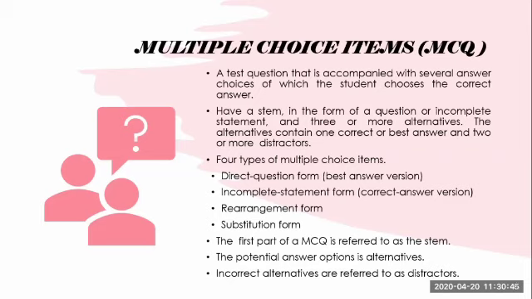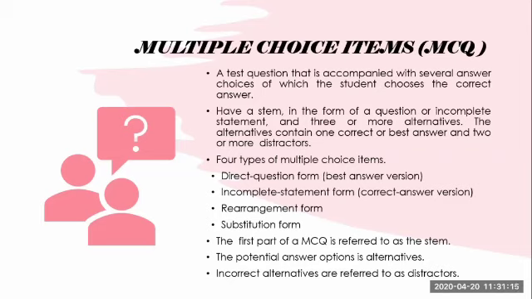First, direct question form or best answer version. Second, incomplete statement form or correct answer version. Third, rearrangement form. And last, substitution form. The first part of a multiple choice item is referred to as the stem.